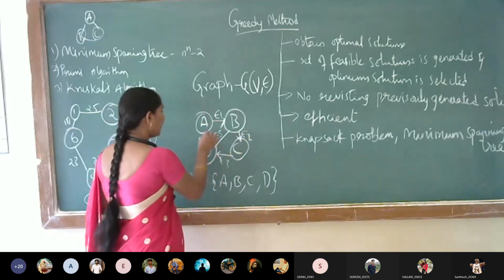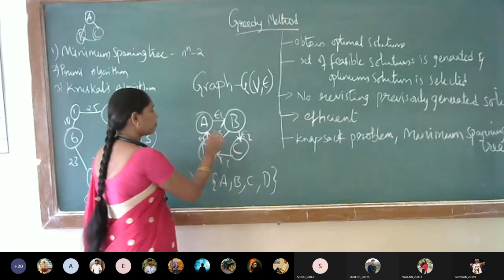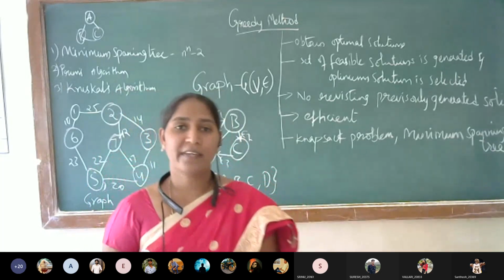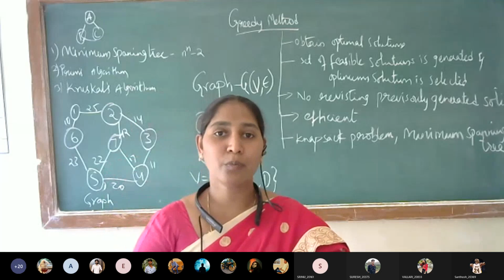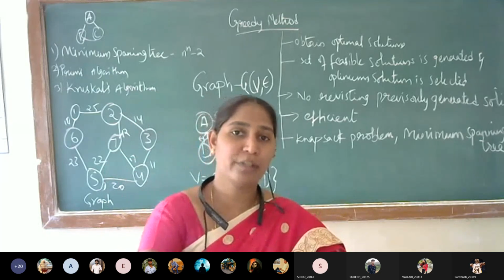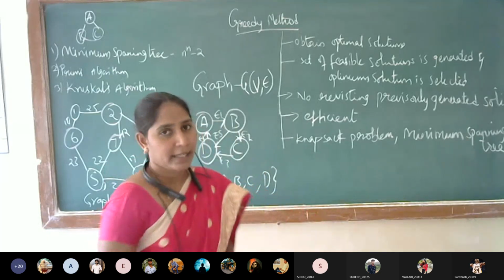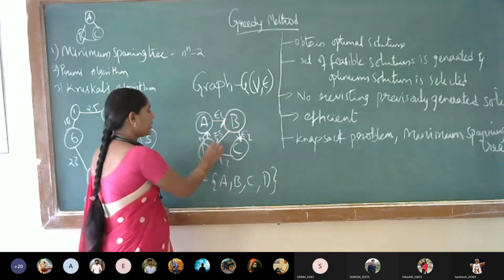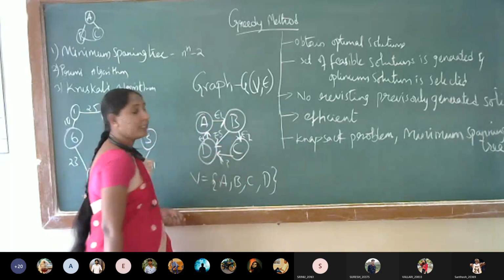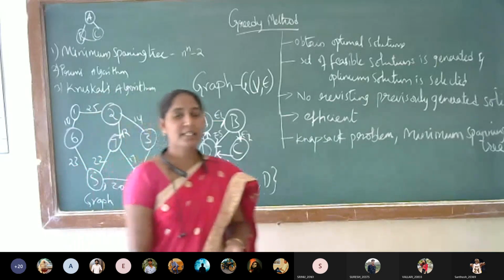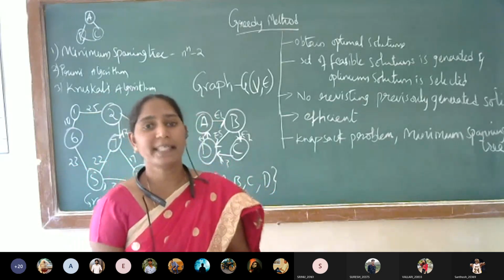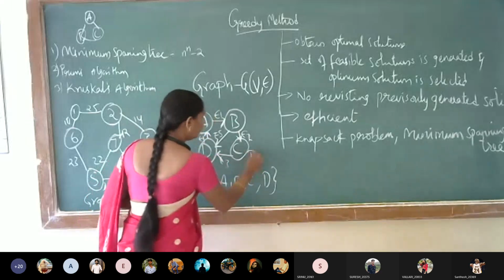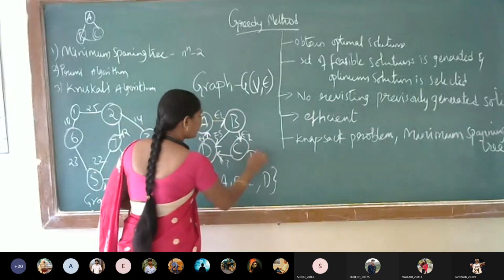So this indicates the flow of vertices, how two different vertices are moving, either in the forward direction or in the backward direction. How it is visiting is specified by making use of an arrow. When the direction is specified, it is said to be a directed graph. Now this graph is said to be a directed graph.